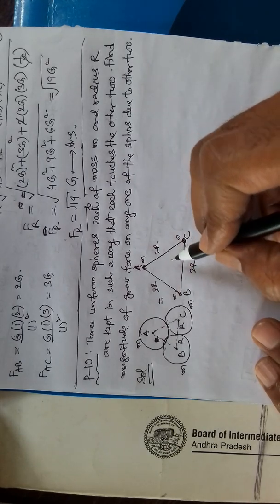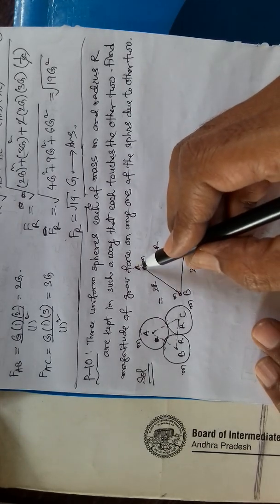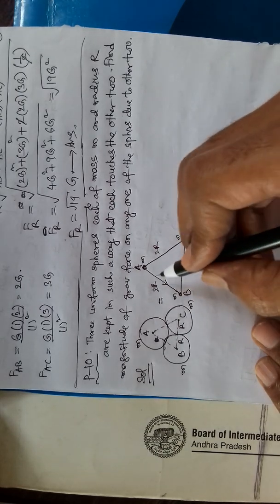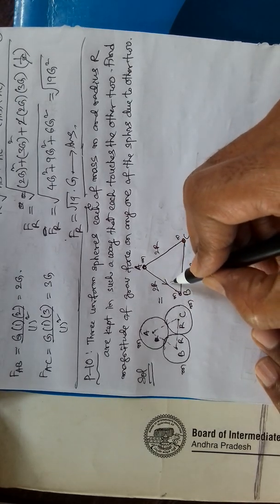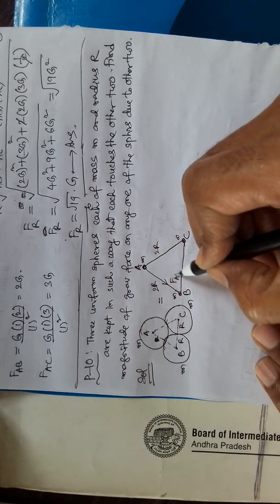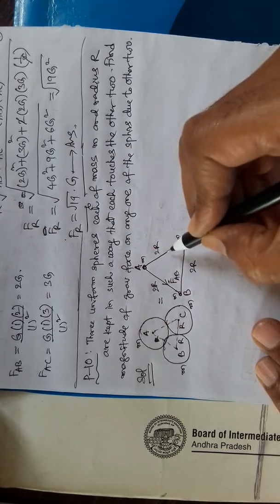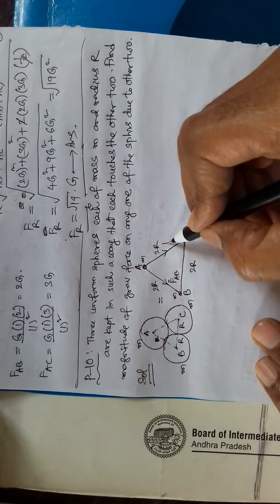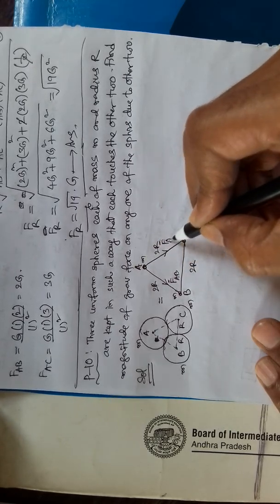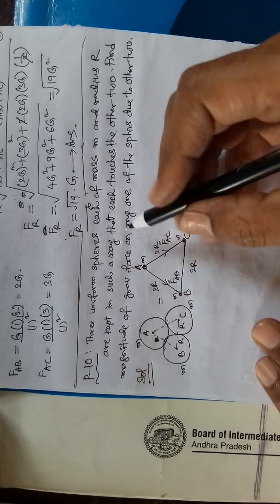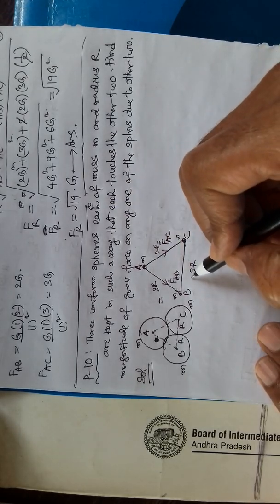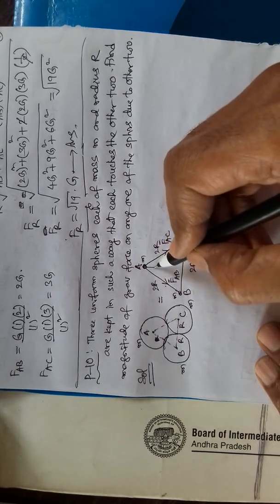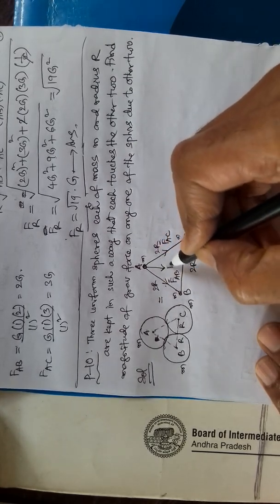Now we are calculating force on A by B, and that is represented as F, force on A by B. Similarly, force on A by C. So we have to find the resultant of the two forces, and that will be along this direction.